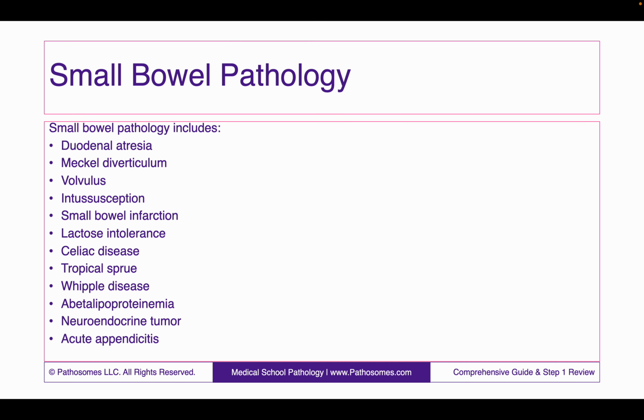Now, this is a doozy. Make sure you're taking notes, okay? Because there's a lot of high-yield material here. We're going to be discussing the pathology of duodenal atresia, Meckel diverticulum, volvulus, intussusception, small bowel infarction, lactose intolerance, celiac disease, tropical sprue, Whipple disease, abetalipoproteinemia, neuroendocrine tumors, right?